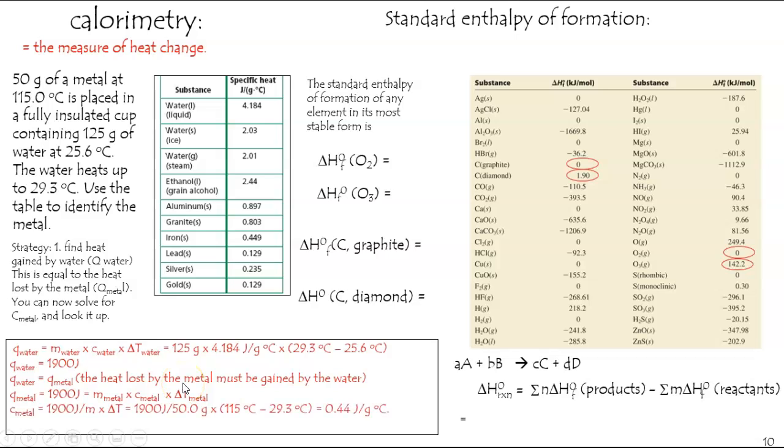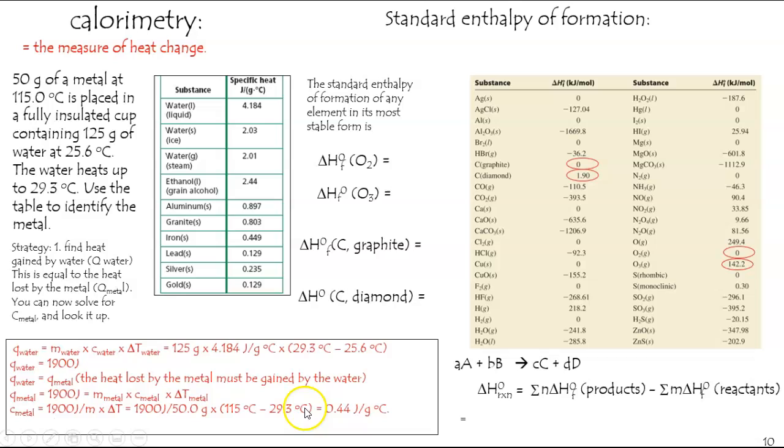Oh boy, we're close, right? There's our numbers. Where are we? M, Q, yeah, we can rearrange it. C equals Q over M delta T. There's our Q, there's our M, there's our delta T. We get a number of 0.44 joules per gram degree Celsius.